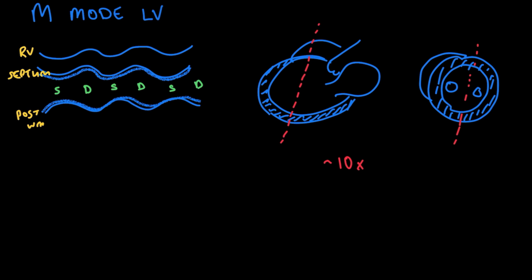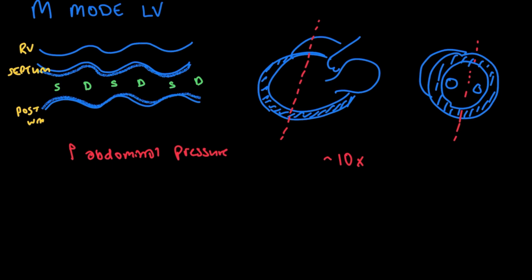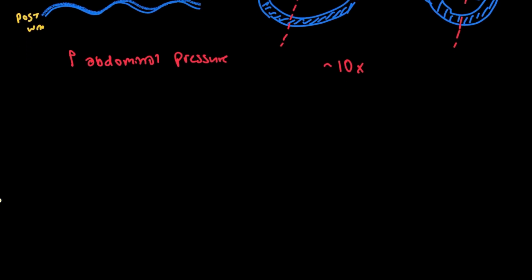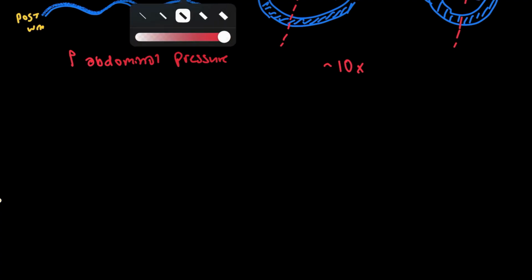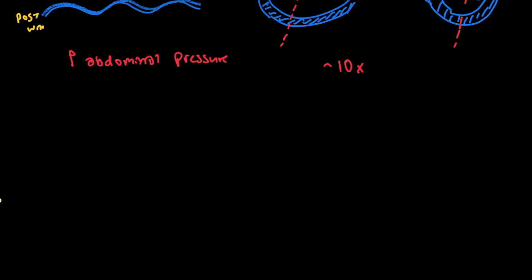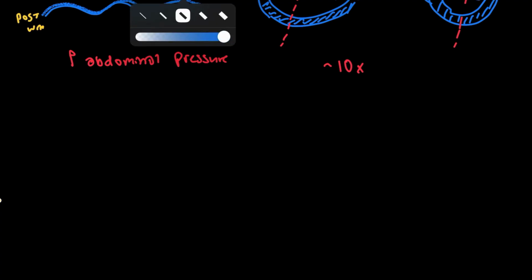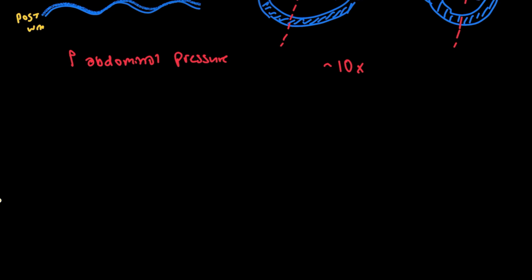Now, what would you see if you had increased abdominal pressures? And so we'll write each of those scenarios here. So if you have increased abdominal pressure, that is pushing up against the inferior wall.